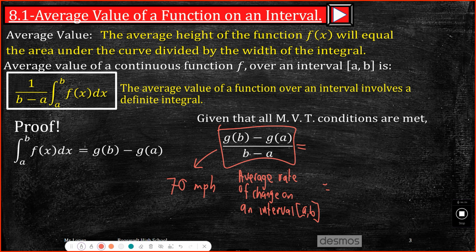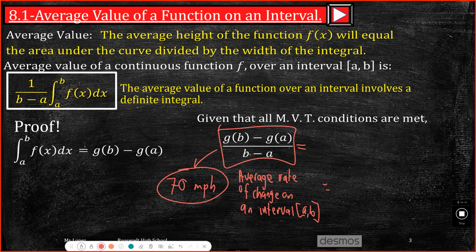I did not go 70 miles per hour the whole time. I didn't put it on cruise control. I was at 55, then maybe I sped up to 90, didn't get a ticket. But anyways, my average was 70 miles per hour.